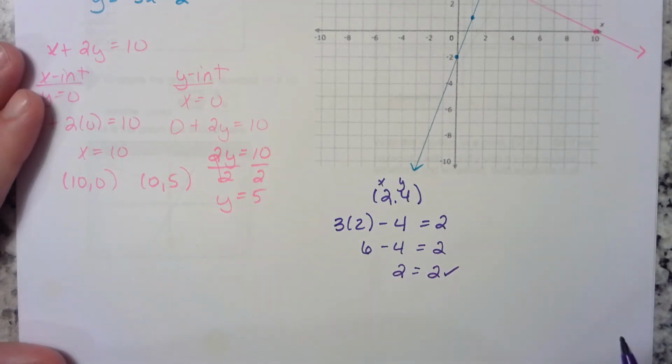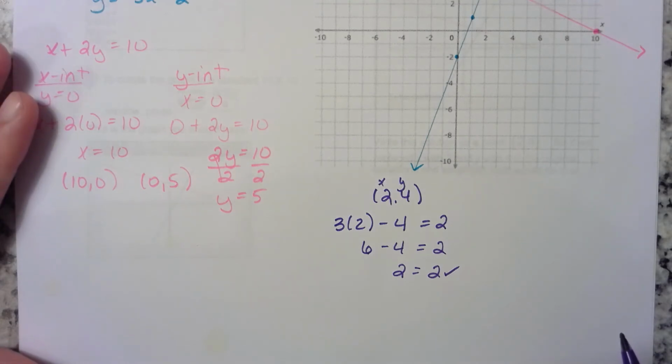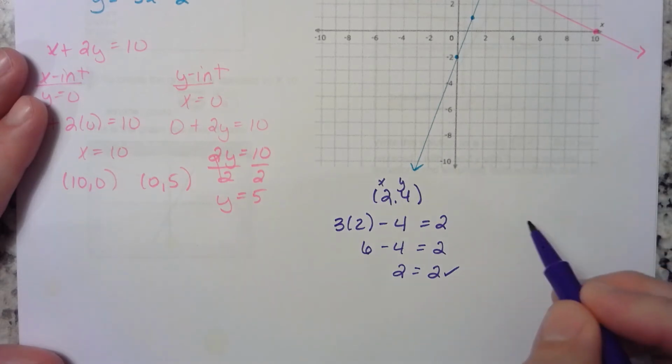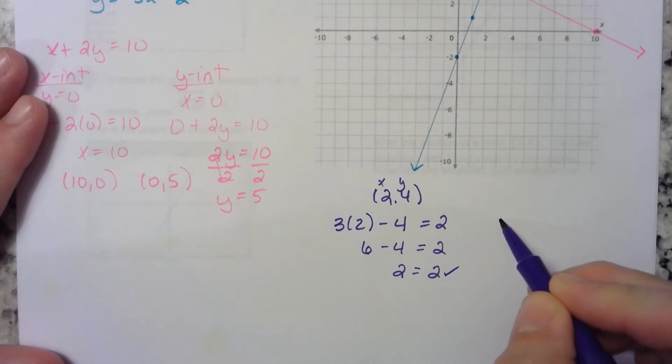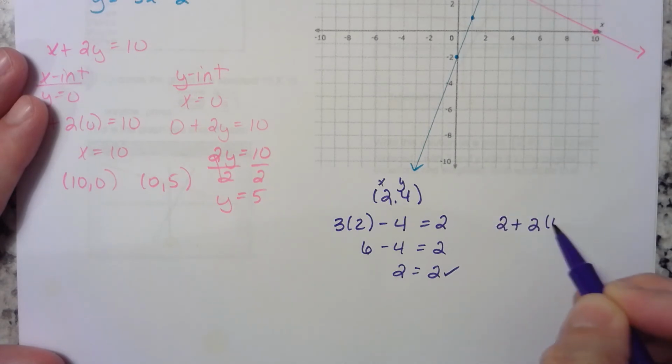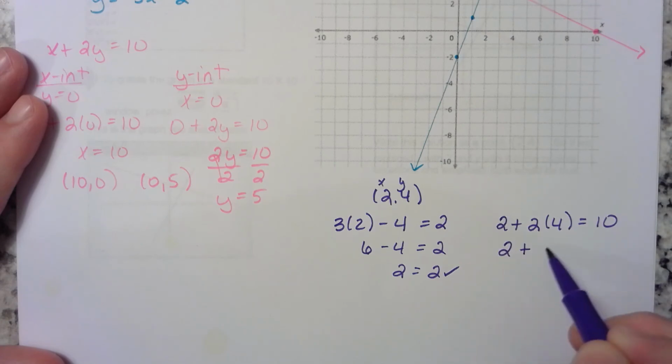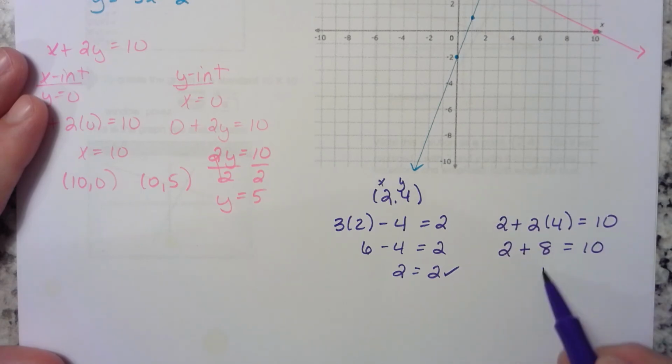But just because it works for one doesn't mean it works for the other. For it to be a true solution to the system of equations, it has to be true for both equations. So the other one is x plus 2y equals 10. 2 times 4 is 8. 2 plus 8 is 10. So that one also works.